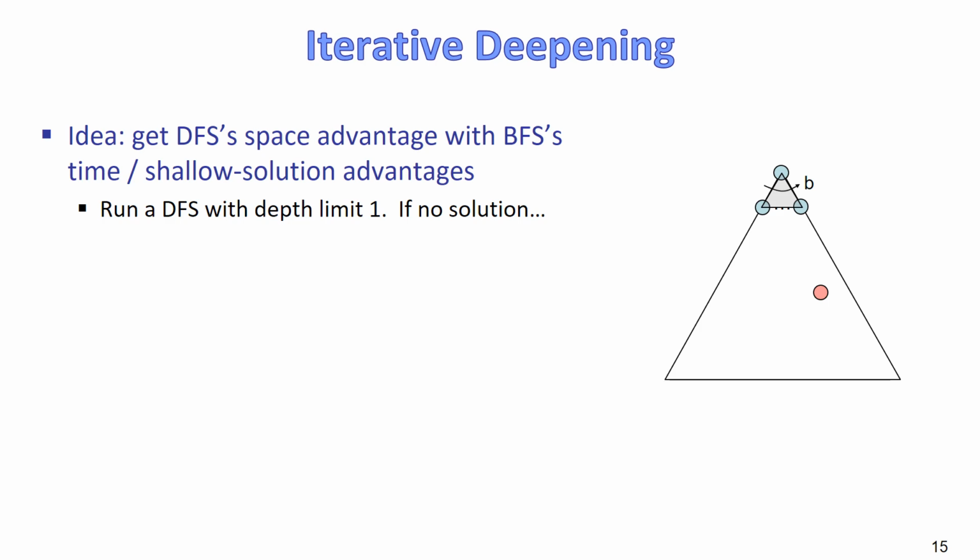But we are also using DFS, which means that we don't need lots of memory. So that's a mix between finding the shallowest solution first, because that sometimes is good if the cost is uniform, and having a good memory footprint or memory requirements, which DFS guarantees for us.